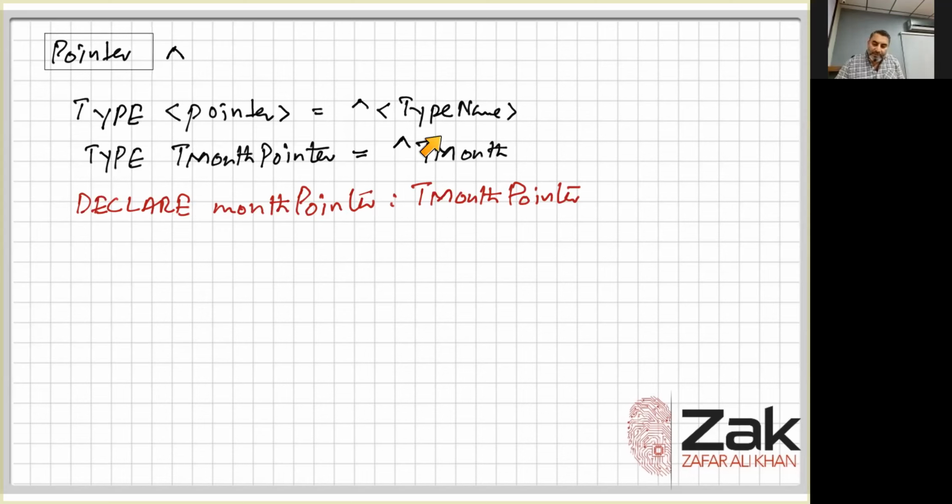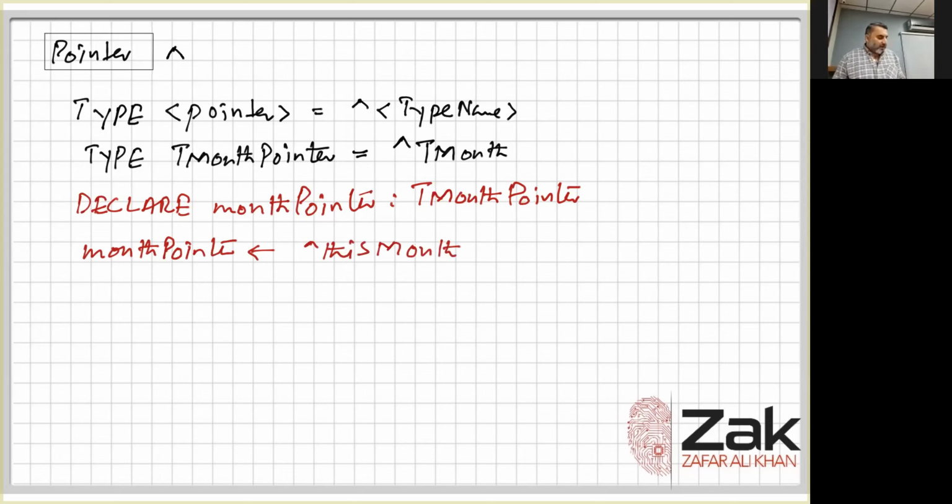So this TMonth is the data type in the memory location that this pointer can be used to point to. All right. So it could be used as MonthPointer is equal to the address of ThisMonth.